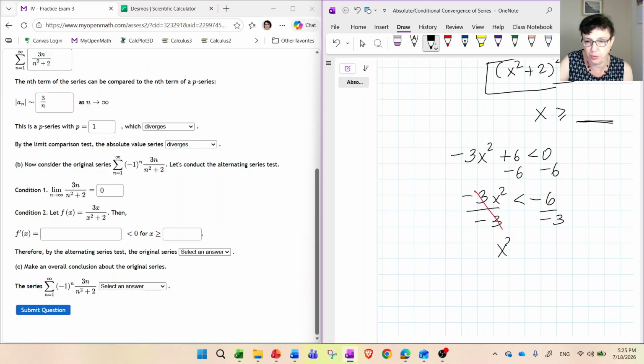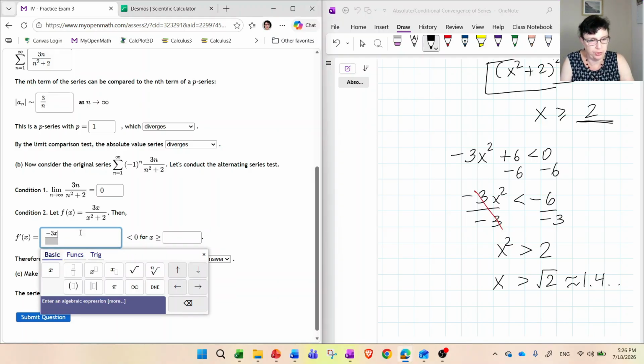So x squared is actually going to be greater than 2. And then you can take the square root, remembering that x is a positive number. We're talking about series, nothing negative. So x is going to be greater than square root of 2. Now, square root of 2 is approximately 1.4 something, and x should be an integer, so it has to be greater than 1.4. So I think starting with 2, this is going to work out.